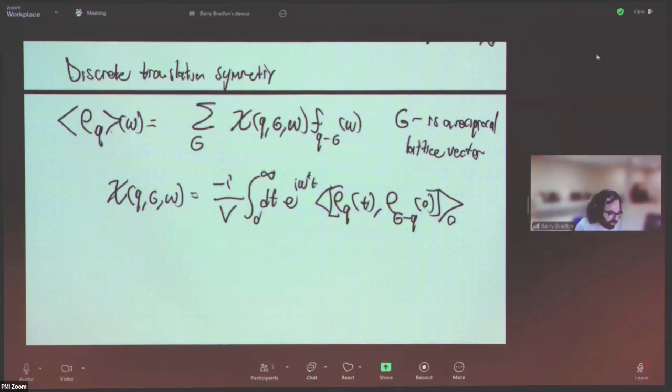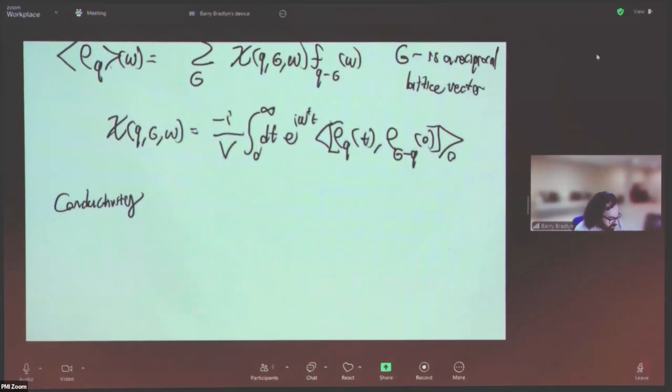Okay. Last thing I want to say is we can also look at the current response to an electromagnetic field, but there's a subtlety there that we haven't encountered before. If we want to apply an electromagnetic field to a system, we know how to do this by minimal coupling.